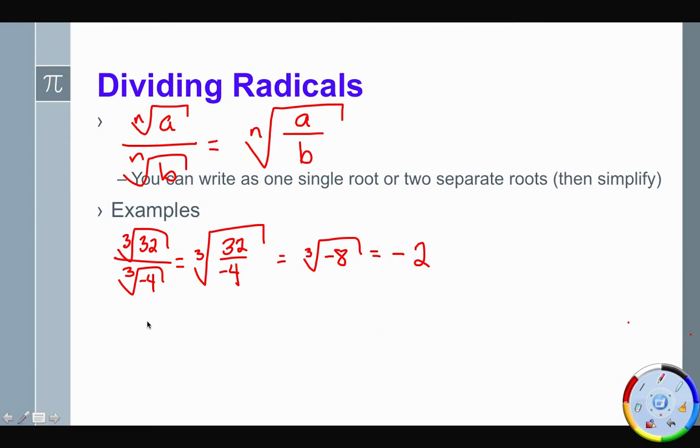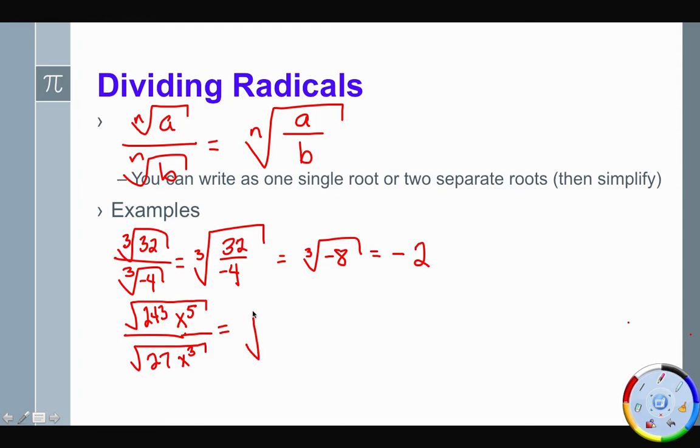Let's throw one example in here with some variables. If I said the square root of 243x to the 5th over the square root of 27x to the 3rd.